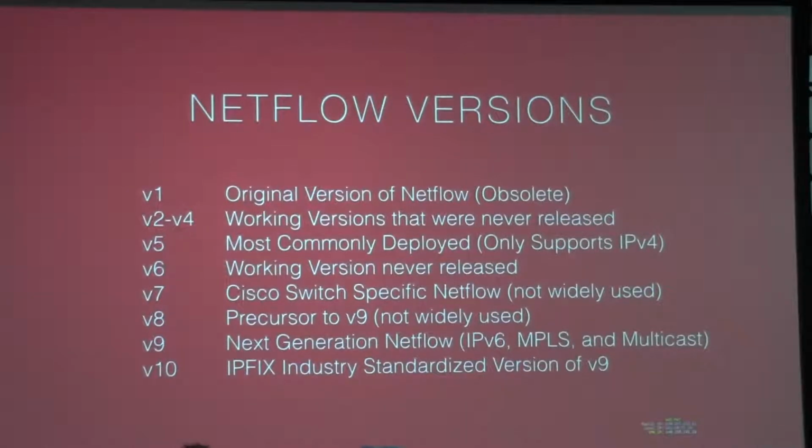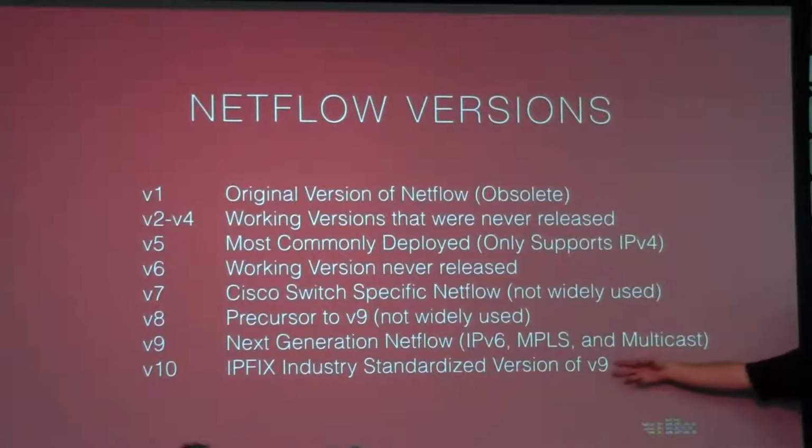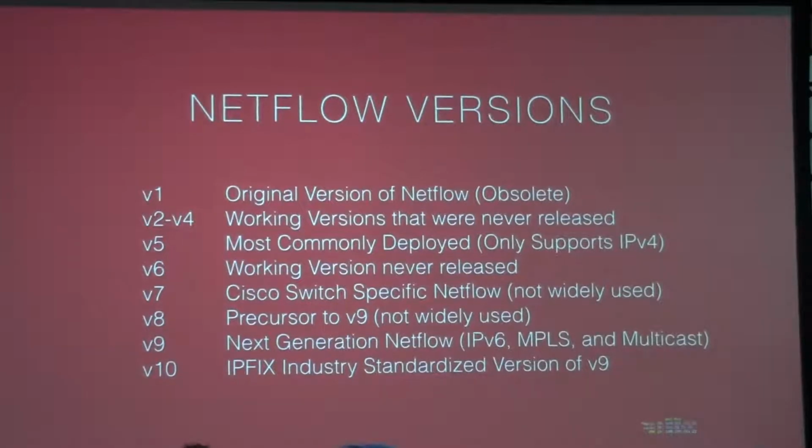And so some of the routers don't support it at this point, but just like with, how many of you guys remember EIGRP, the wonderful Cisco routing protocol that was very proprietary before we went to something a little bit more open like OSPF and something like that? That's what we're trying to do here with v10, is we're trying to get Cisco and all of the other vendors out there to adopt an open standard for Netflow that can be used everywhere.